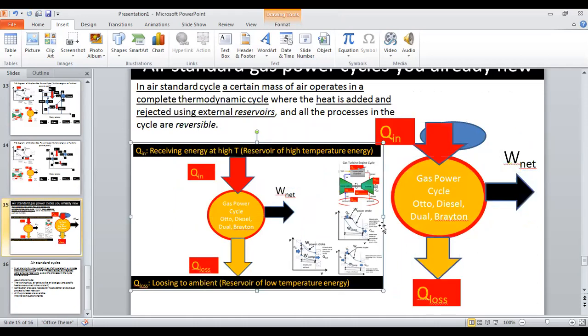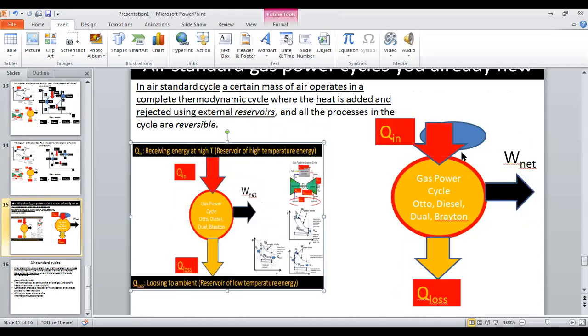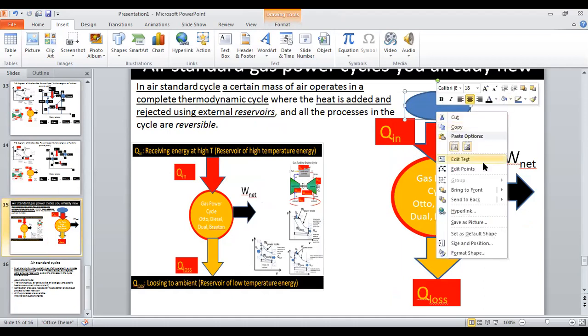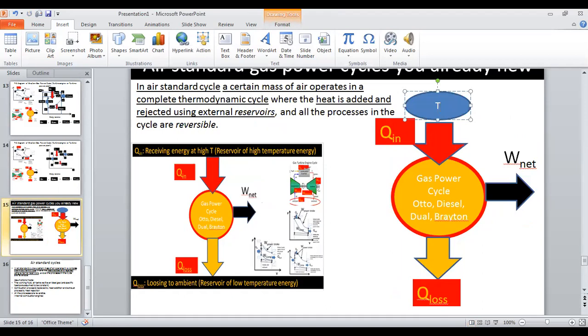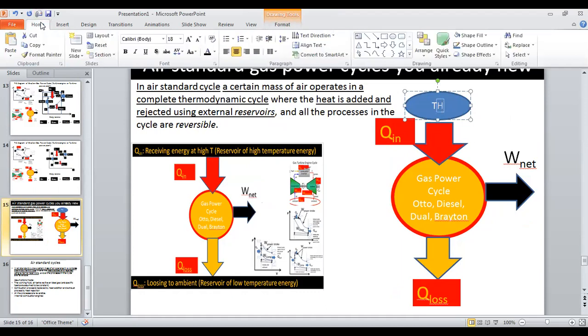I will put it this way. This we call the high temperature reservoir. Of course, that is the temperature at the combustion chamber.